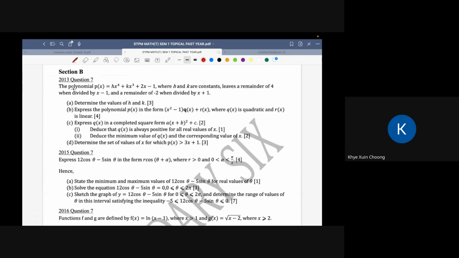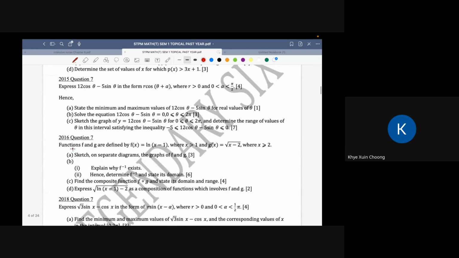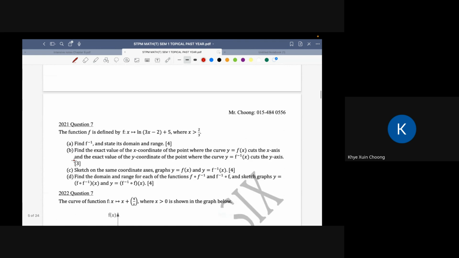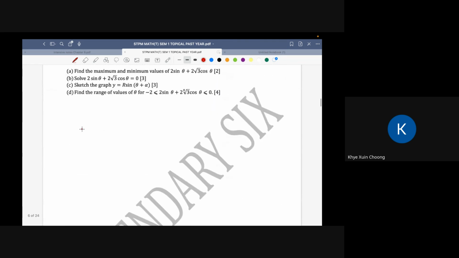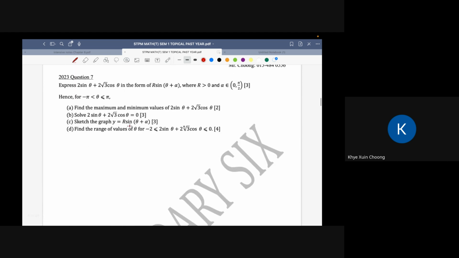Question 7, we have 1, 2, 3, 4, 5, 6, 7. From 2013 until 2024, there are 12 years, but there are 7 questions of question 7 that come out from chapter 1.